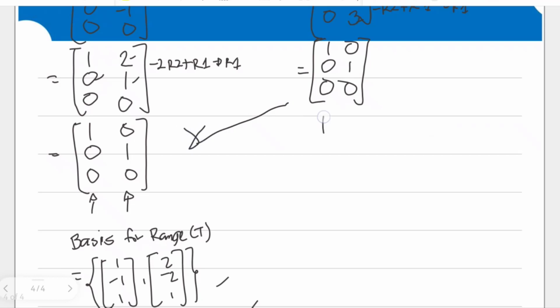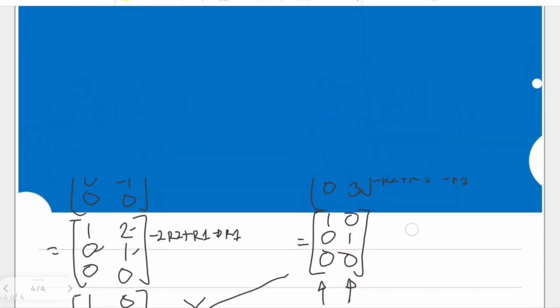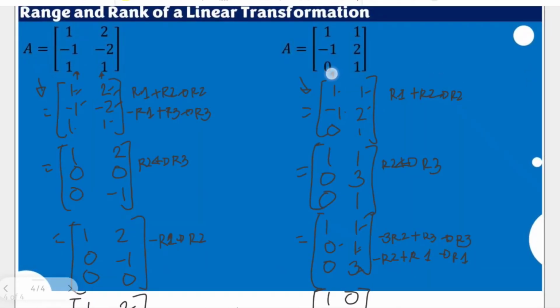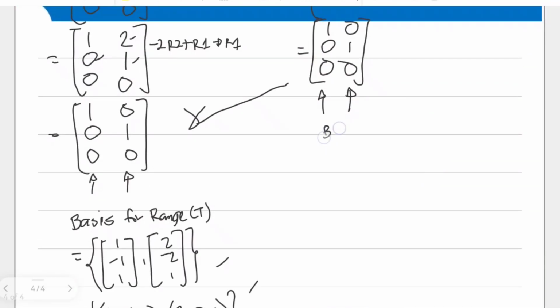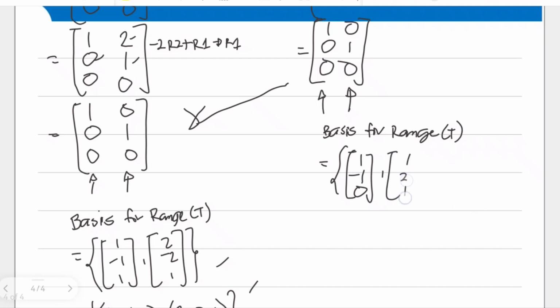In short, both columns here are also considered to be part of the column space, but we're going to refer to our initial matrix here. Hence, our basis for range here is a set containing those two columns earlier, 1, negative 1, 0, and 1, 2, and 1.